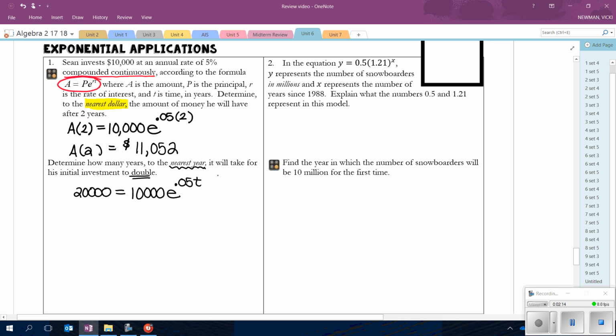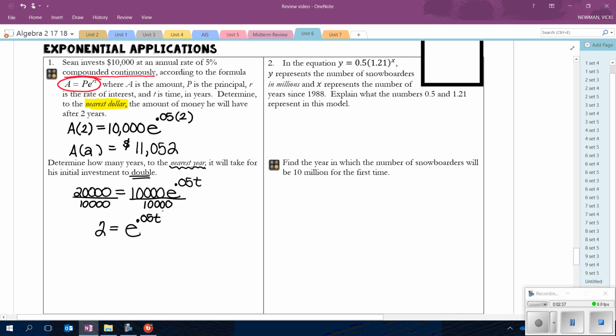Our first step, like 99% of the time, is divide, right? So divide by 10,000. And that gives us 2 equals e to the 0.05t.